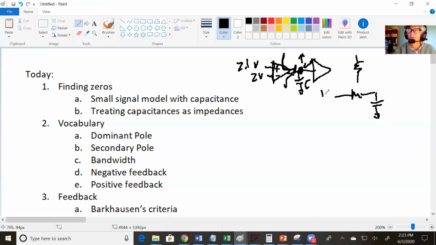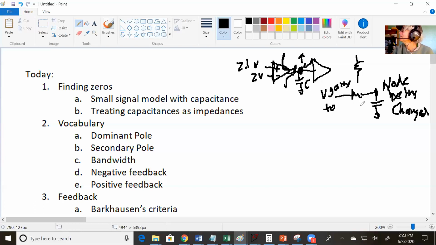The voltage going to the node being changed, and this right here, through that, this is a low pass filter, and low pass filters have one pole over j omega RC.